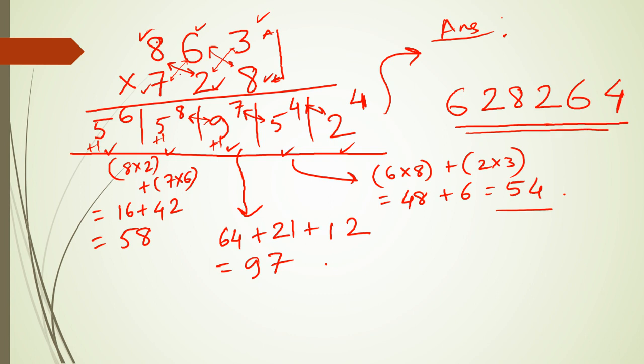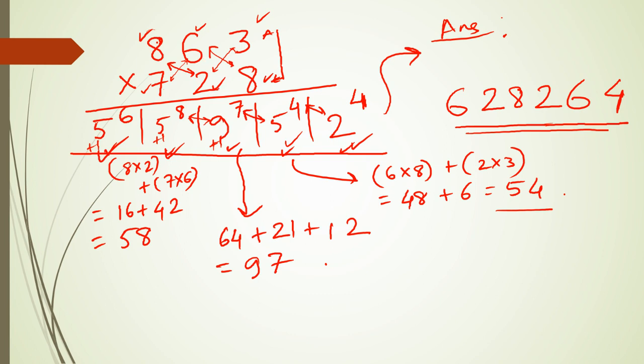Now you see such a big calculation, 863 times 728. This number you can just write like this, this number you can just write like this, and these two also are very easy, you can just do mentally. This thing also, 8 times 8 is 64. You can first multiply and add like 64 plus 21, what is it? You can say 85. Okay, then we have to add 12 to it.